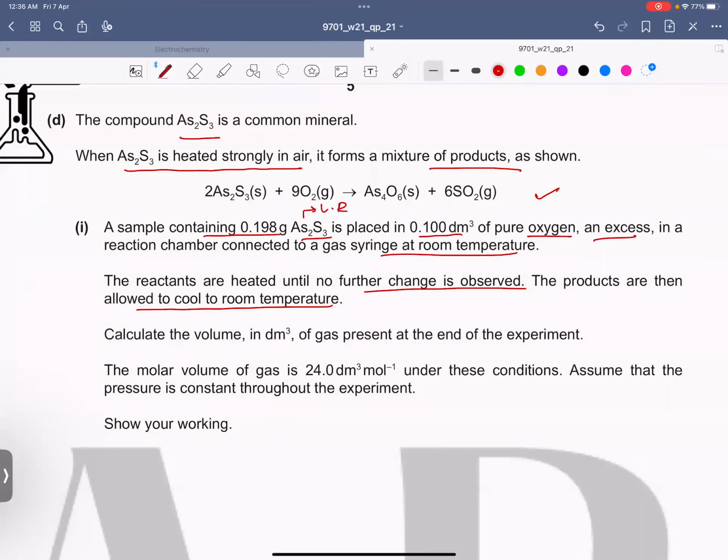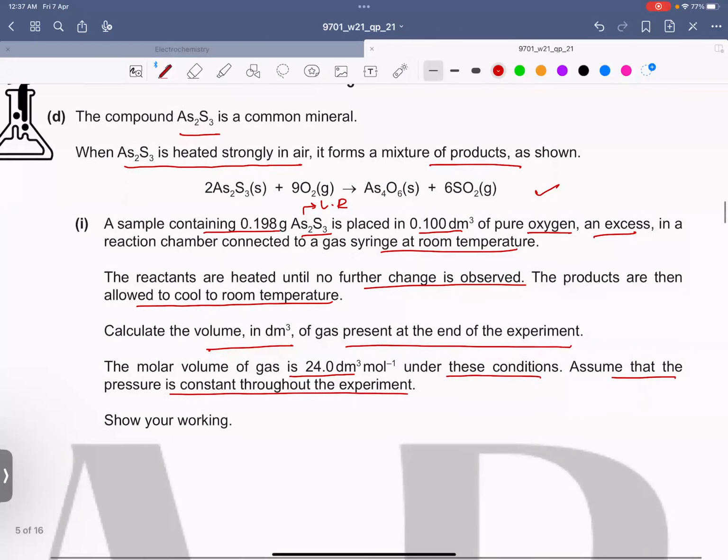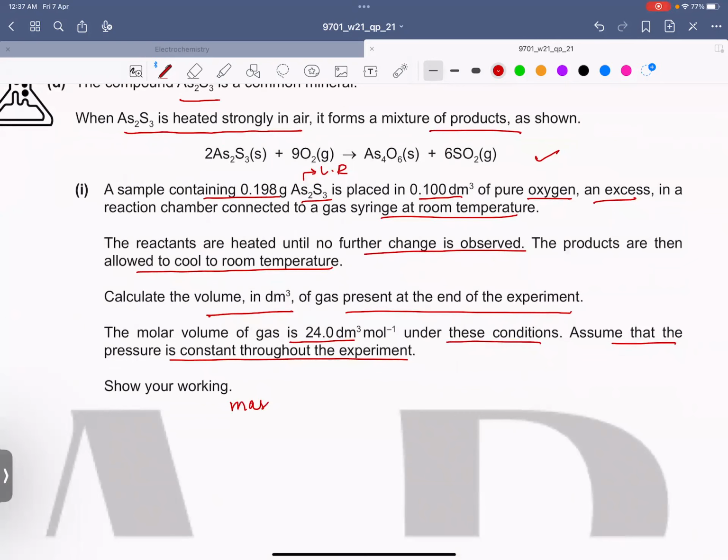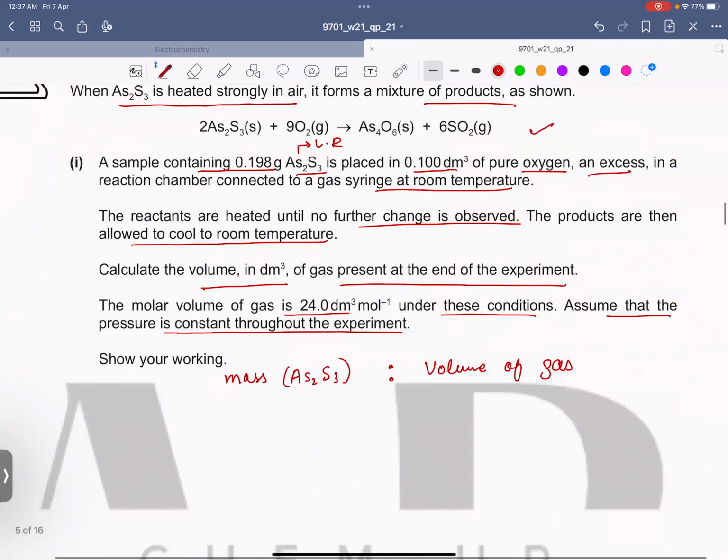Calculate the volume in dm cube of gas present at the end of the experiment. The molar volume of gas is 24 dm cube under these conditions. Assume that the pressure is constant throughout the experiment. So if you see what they have provided me, the mass of arsenic sulfide, and I have to find the volume of gas.